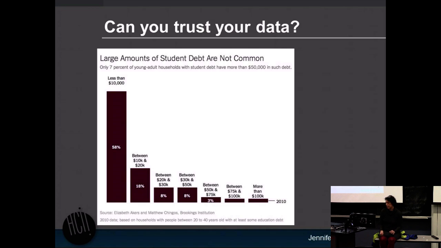They're households headed by people between 20 and 40, which is to say this excludes everyone who's living at home, for example. And you might think about whether somebody living at home versus living independently is likely to have more or less debt. Also, it includes college graduates from almost 20 years ago, when the amount of debt that was typical was much lower than it is today.